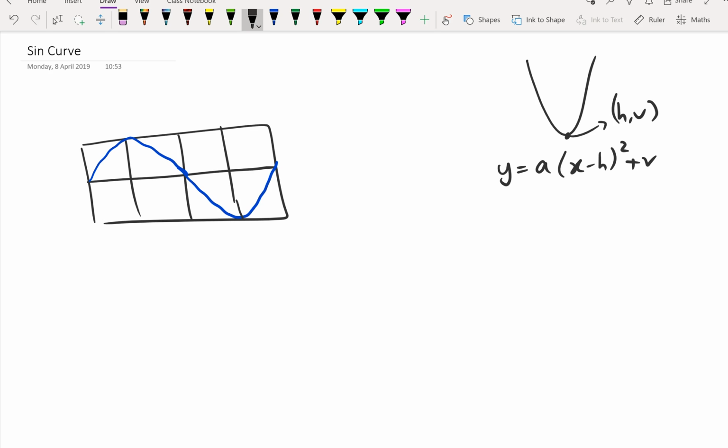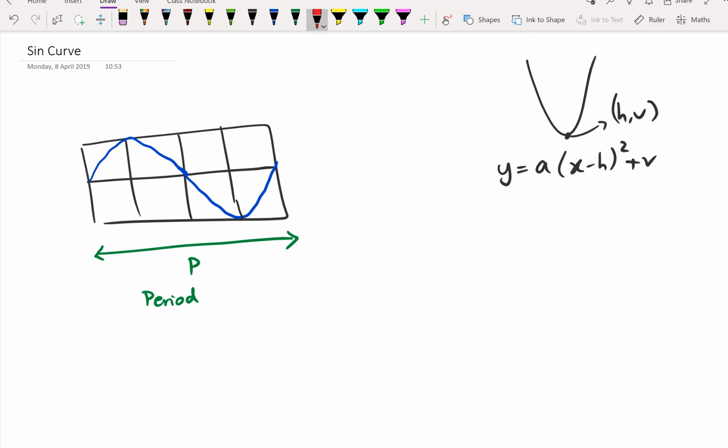All right, so the blue line right there is just one cycle, or one period, of a sine graph. Now, a couple of things to notice: the distance from here to here, the one cycle, is known as P. What P stands for is the period, so how long it takes to complete one cycle.